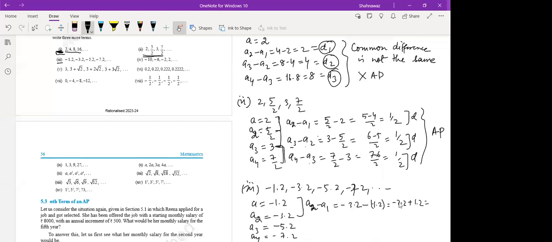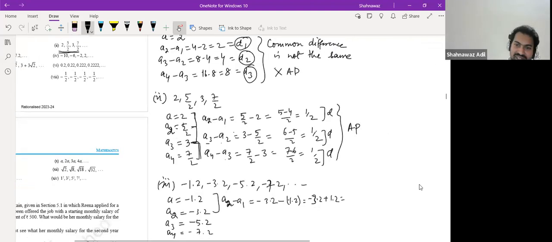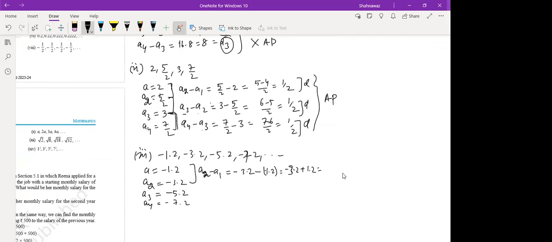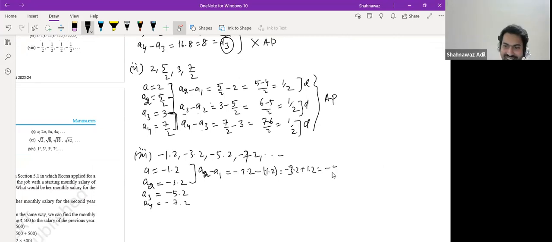So this is how much? 2, minus 2. I know my writing is bad, but it is not that bad. Okay, so what is A3 minus A2?